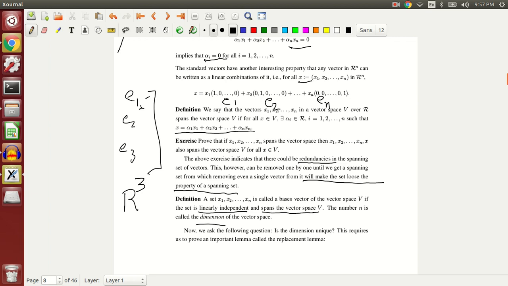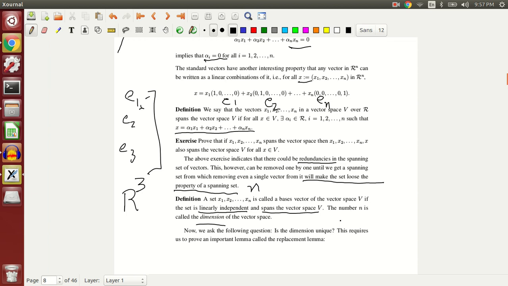The set ought to be linearly independent, and then it ought to span the vector space V. If that is true, then this n represents the dimension of the vector space.